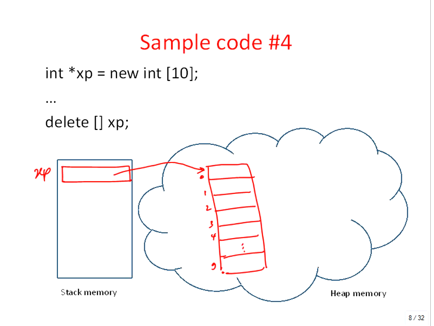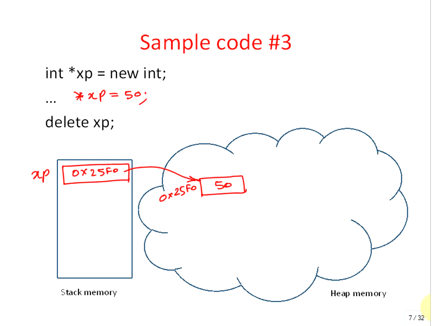So look at this notation. It's a little bit different. The previous one was just we allocated one integer, then when you deleted, you just said delete XP. So what does this mean? Delete the memory allocation pointed by XP.